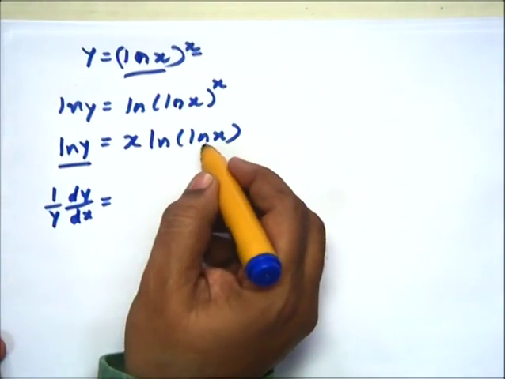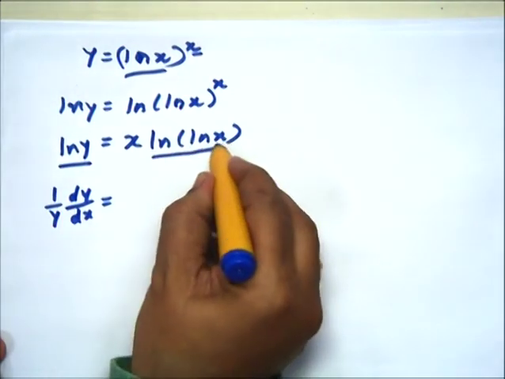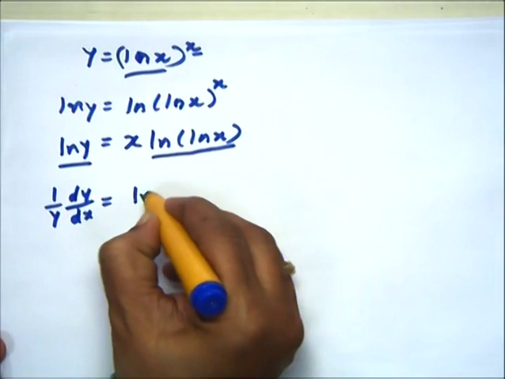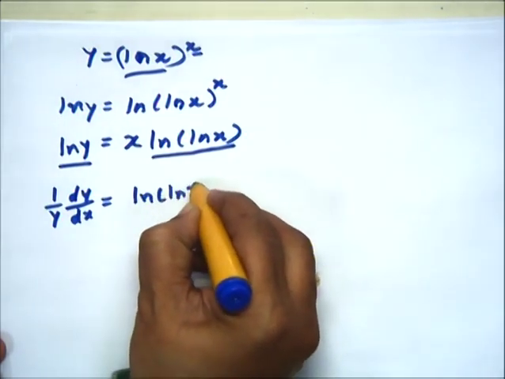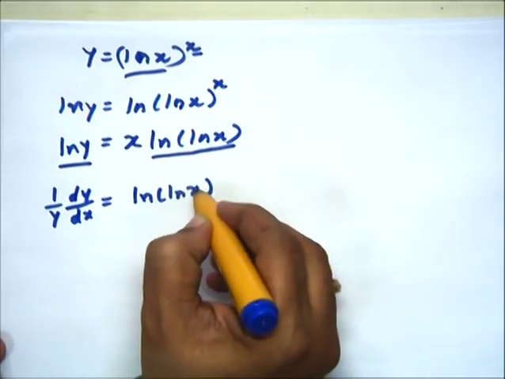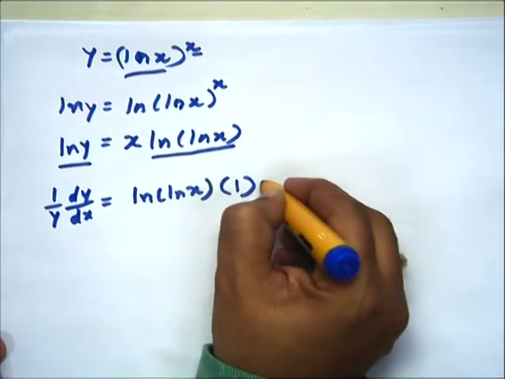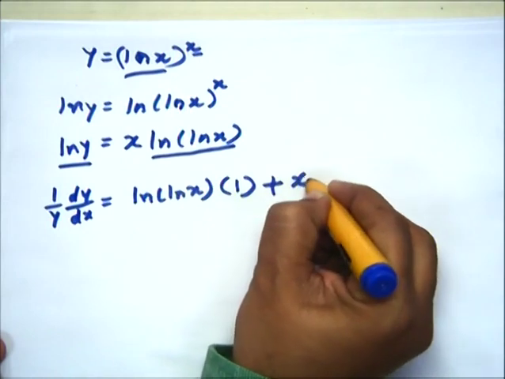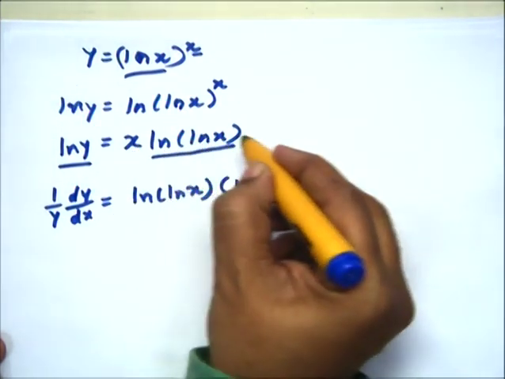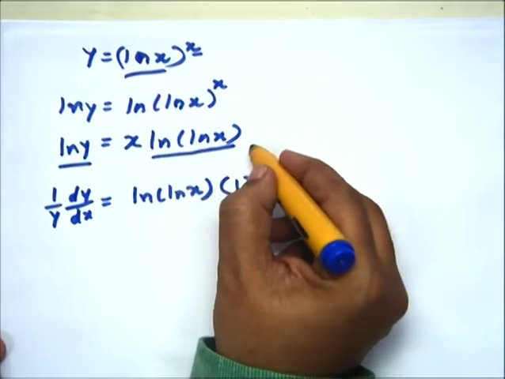So if we differentiate this function, log of log x will remain the same, into the derivative of x, that is 1, plus x will remain as it is, into the derivative of log x, which is a composite function.